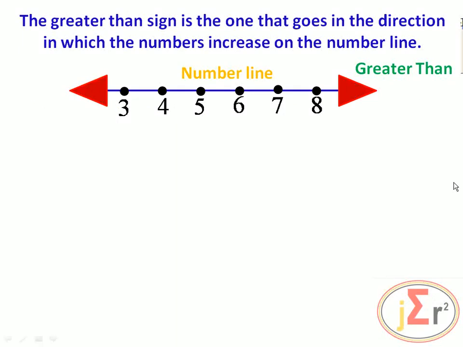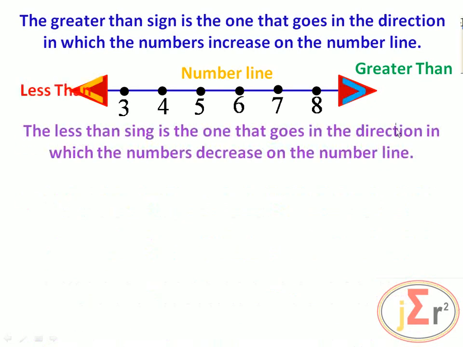So the greater than sign, notice the numbers are getting larger here. And what do we have? The greater than sign, because when we continue like that, the numbers are getting greater or larger. That is the direction, and this greater than sign is in harmony with that arrow.